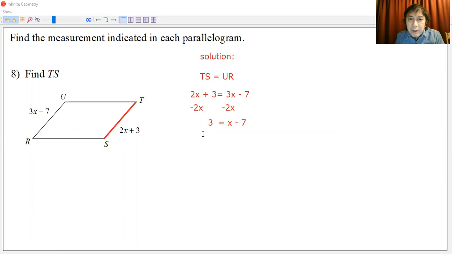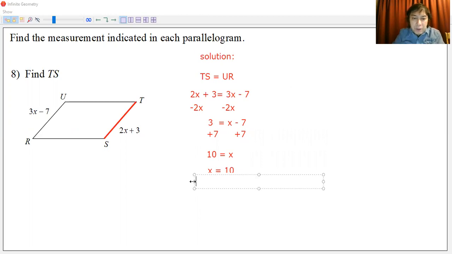We add 7 to both sides, and the left side will now be 10, and the right side is just x. And we finally have our x value set at 10, and we can now use this to compute for TS.